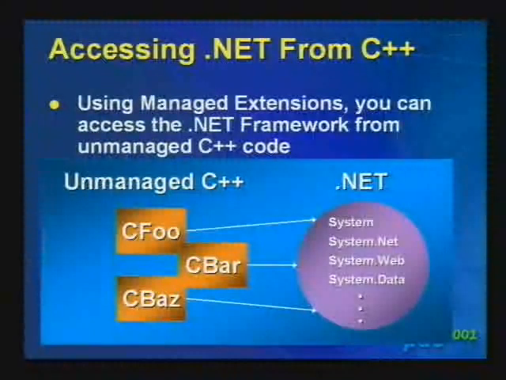So the last part is a very quick example on how to take your existing application that is in unmanaged C++ and start using some functionality from the .NET world. And what I came up with is an example where I have an MFC dialog box style application, and I want to use some feature from the .NET framework.